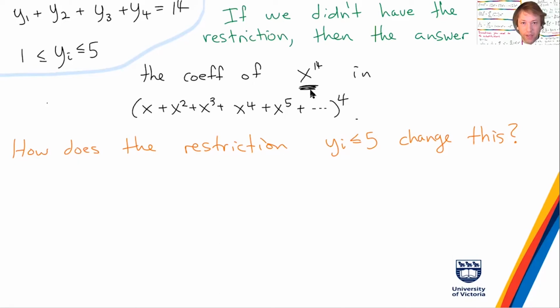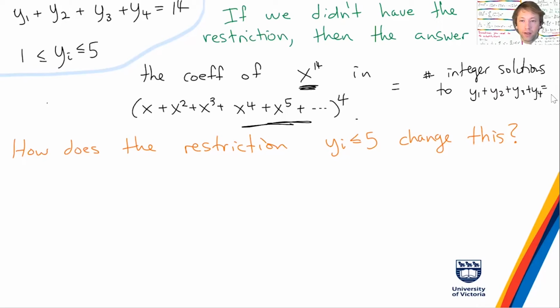I'm claiming that the coefficient of x to the 14, when you expand this, will be the number of integer solutions to y1 plus y2 plus y3 plus y4 equals 14, such that all the yi's are at least 1.